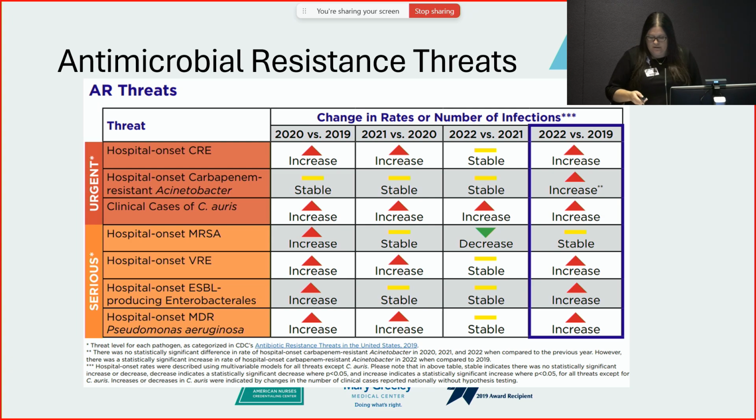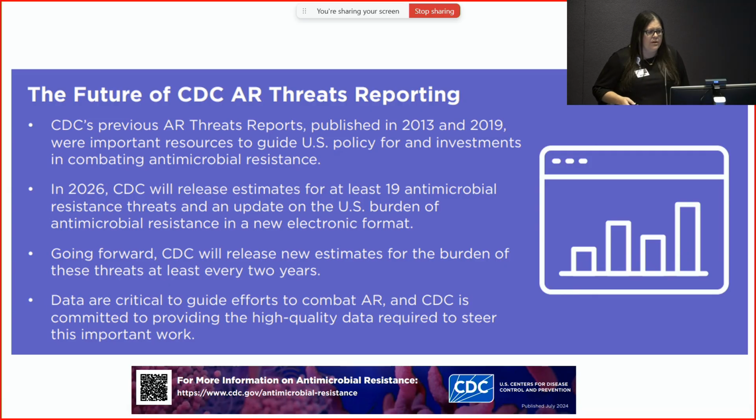So we need to stay on top of that and not let our guard down. The latest data the CDC has is from 2022. They're expecting to put out updates in 2026, so we'll look at that and see how that fits in with our program.